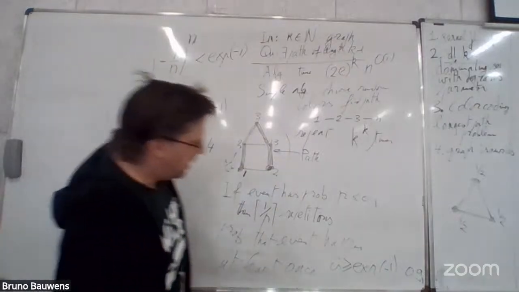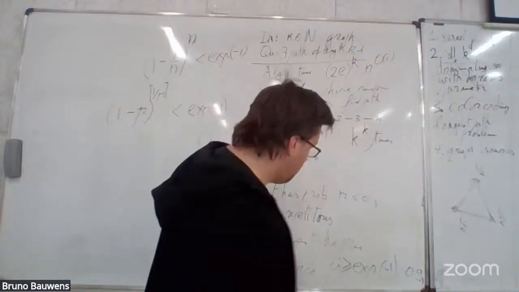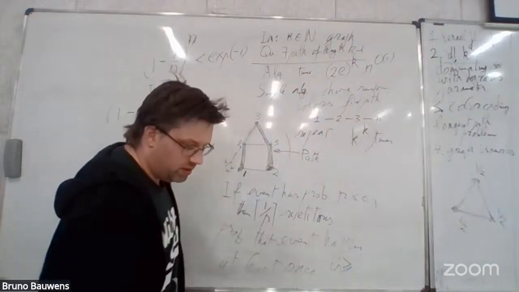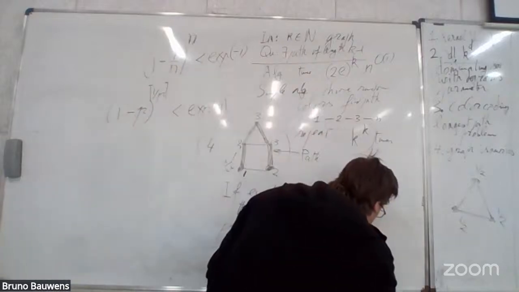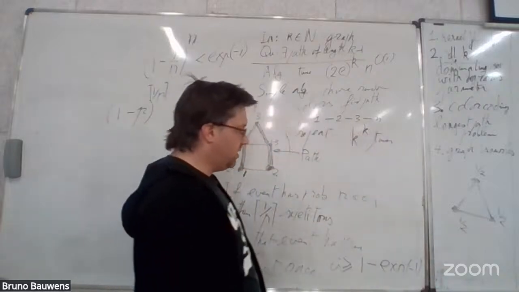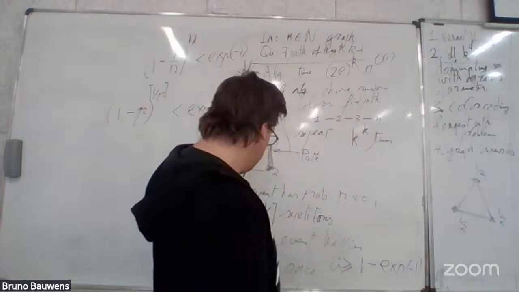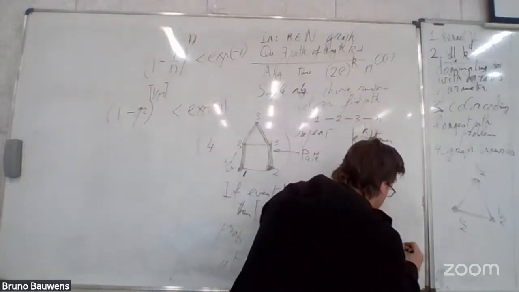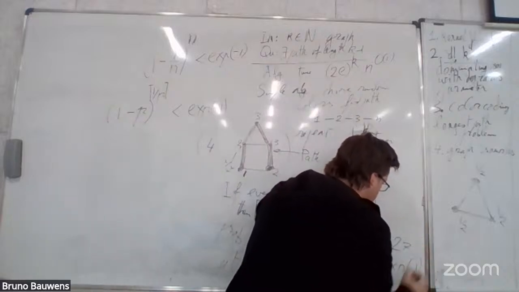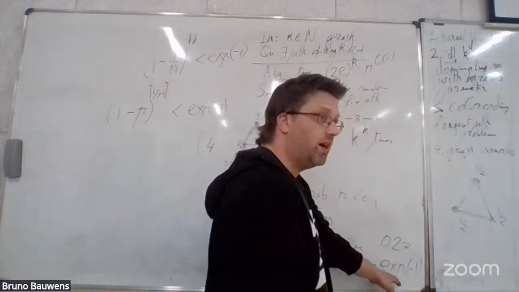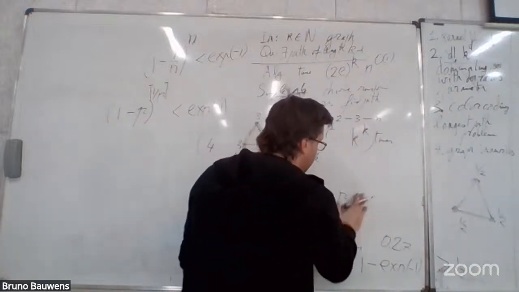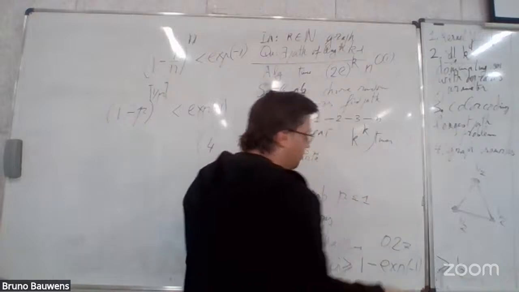So the probability that it happens at least once is at least 1 minus e to the power minus 1, which is more than 1/2. And then we don't need any assumption on p, other than of course it being smaller than 1.